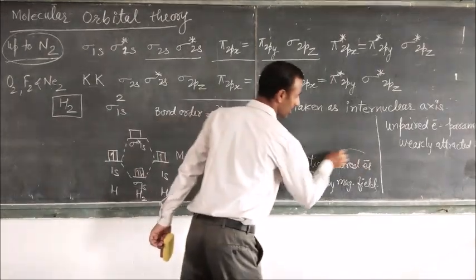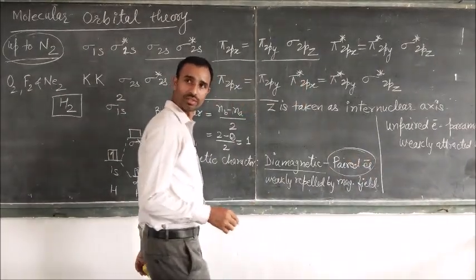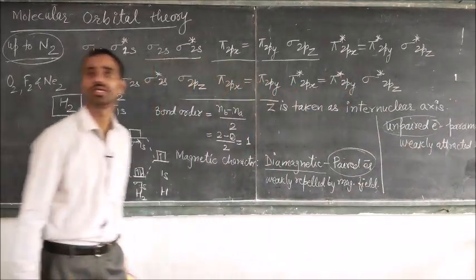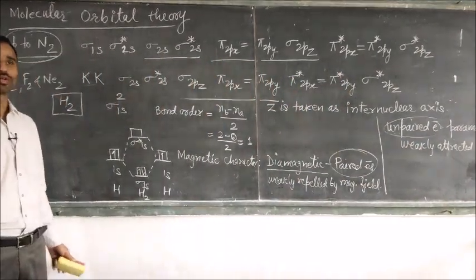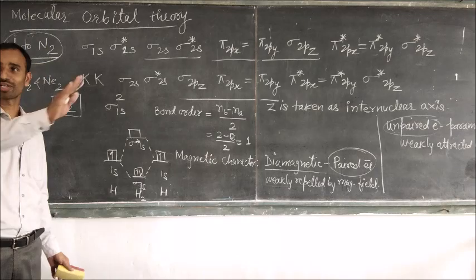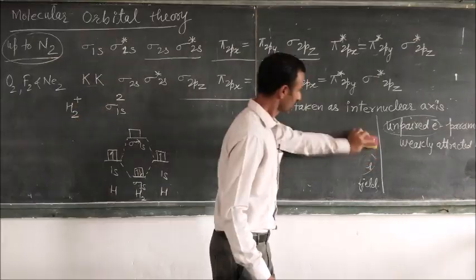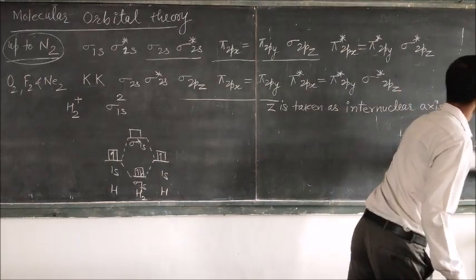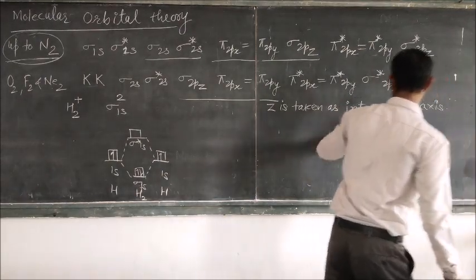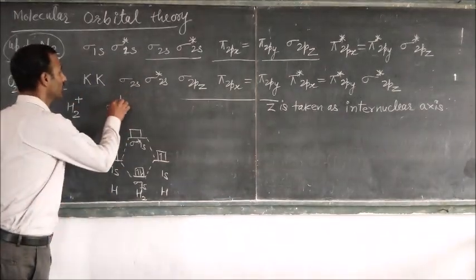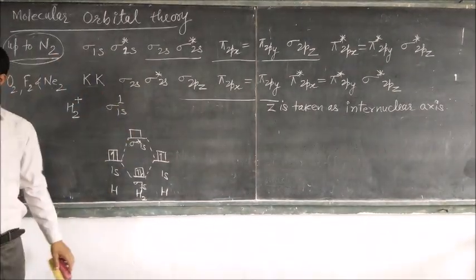Here all electrons are paired. In this case, not all are unpaired, but at least one unpaired electron should be there. H2 plus. So in H2 plus, there is only one electron. So if there is only one electron, it becomes sigma 1s1.